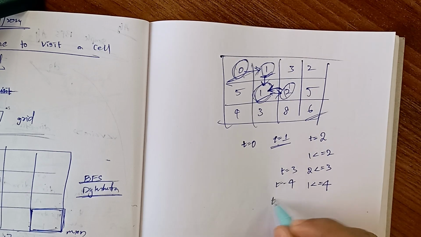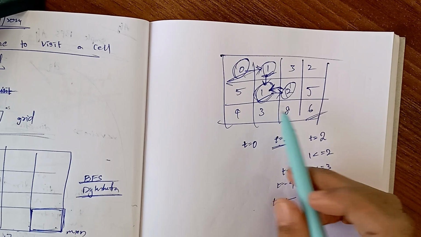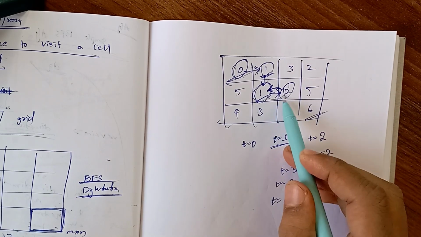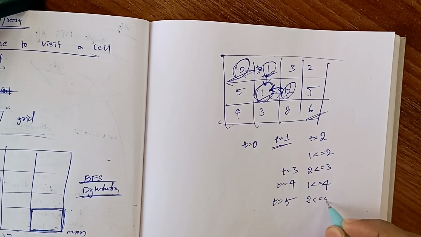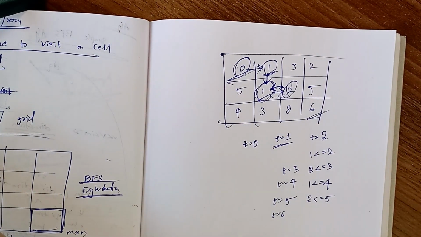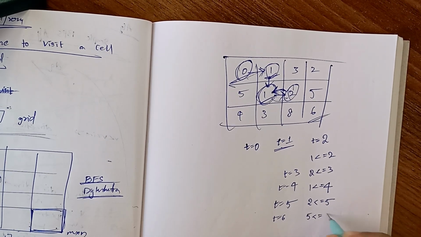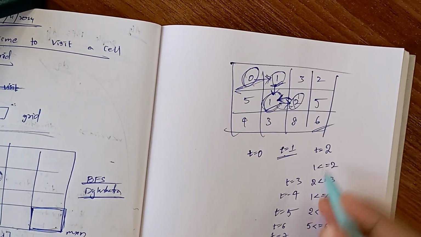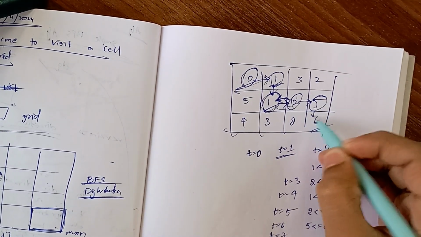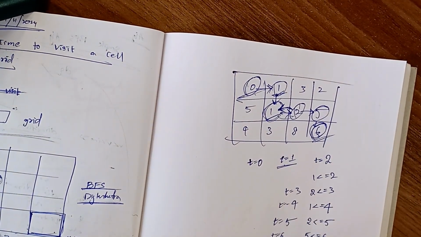And at t is equal to 5, we move to the cell 1 comma 2 again, as 2 is less than or equal to 5. Then at t is equal to 6, we move to the cell 1 comma 3, as 5 is less than or equal to 6. And then at t is equal to 7 we come to the cell with 6, as 6 is less than or equal to 7.